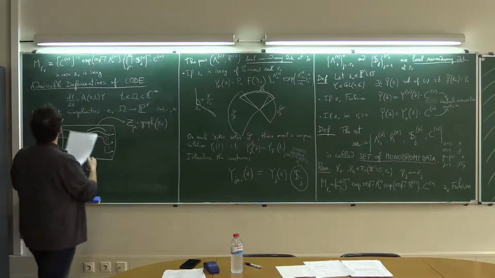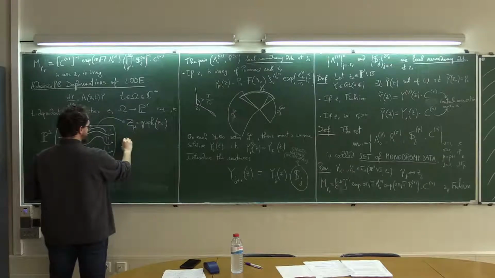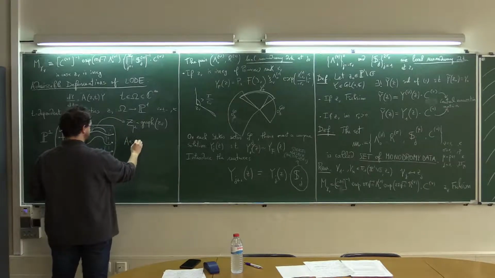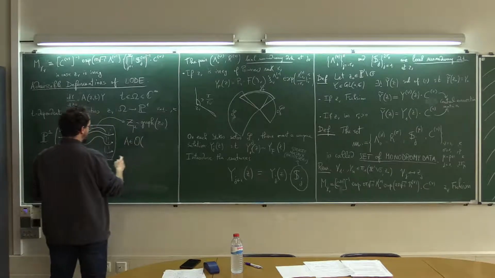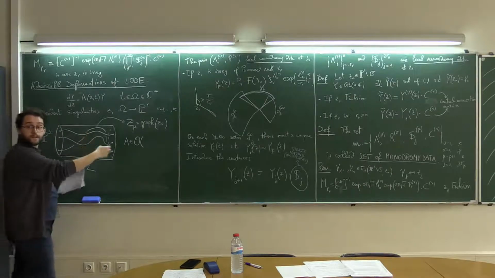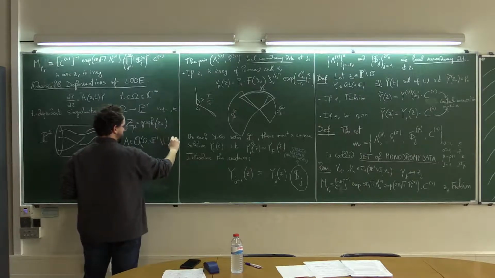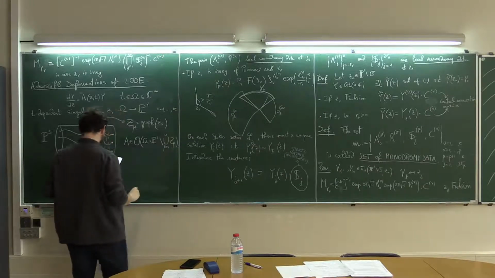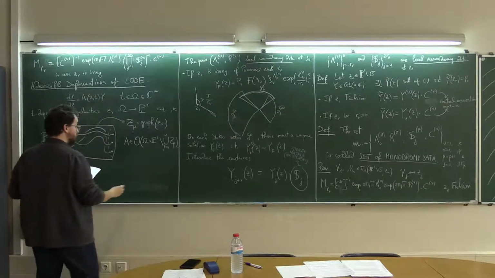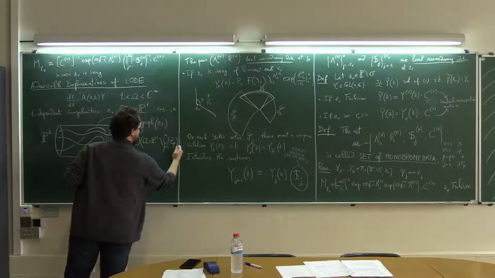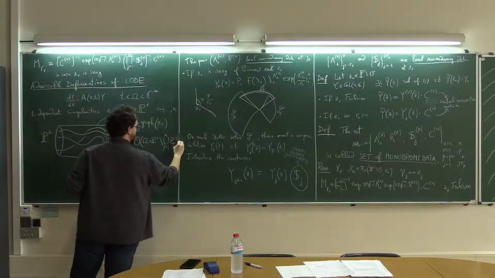And now our coefficient A is what? Is a holomorphic function in the complement of these strings. But it is a matrix valued function.